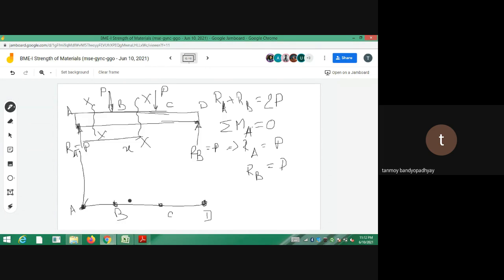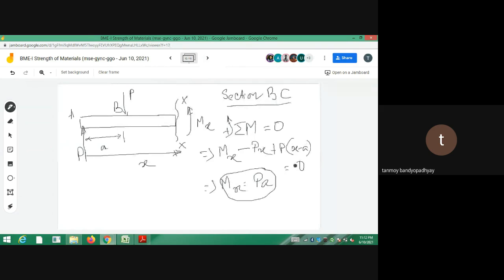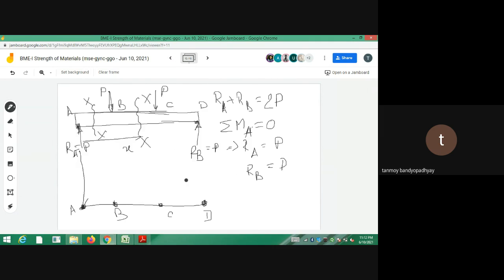Mx varies as Px. So at the point A it is 0. At the point B it should be Pa. This one up to this is constant, and again it will decrease to 0. So this is the final bending moment diagram for the portion ABCD.